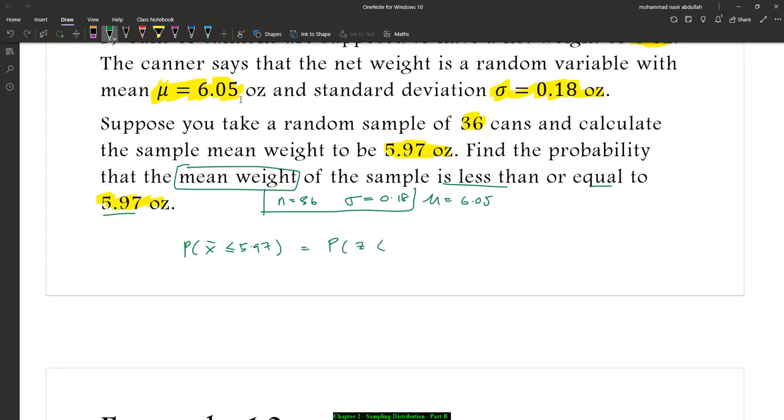So this one straight conversion lah. Z for x bar: 5.97 minus 6.05 divided by 0.18 over square root of 36. Correct.